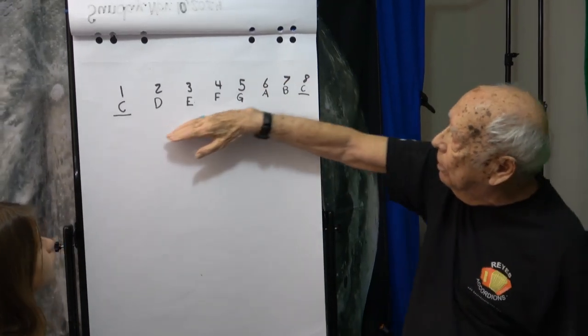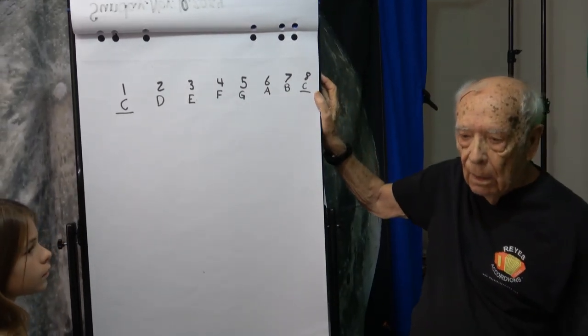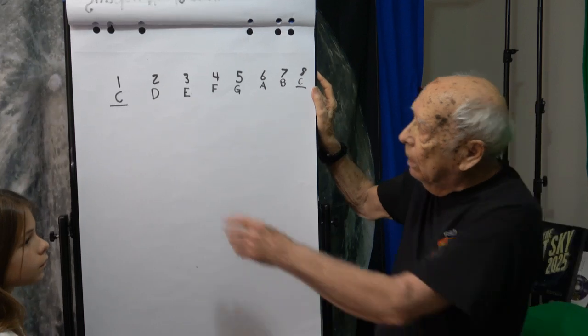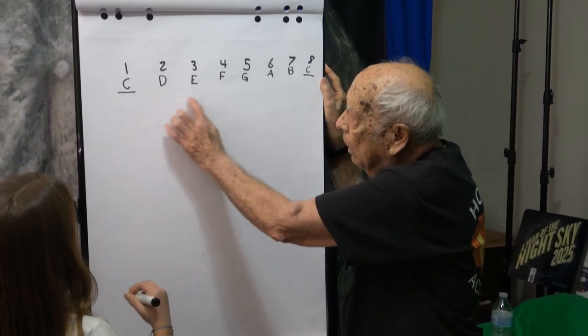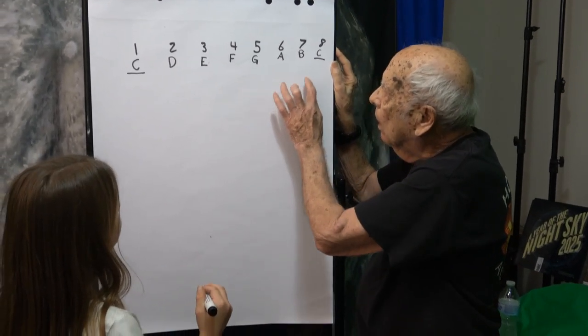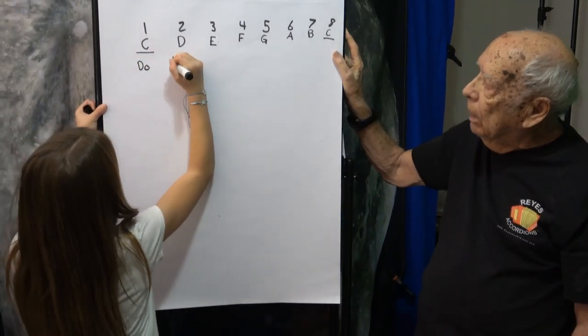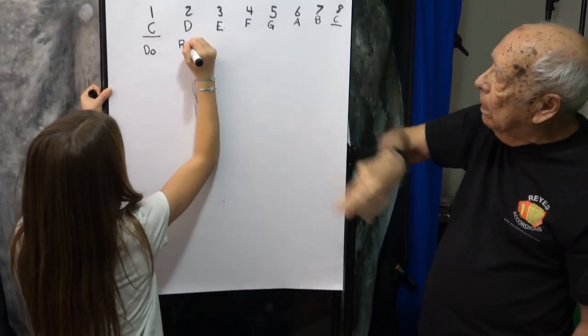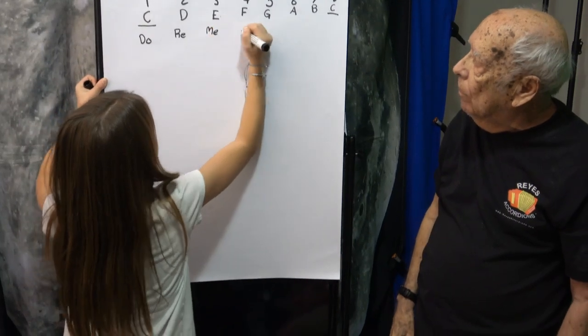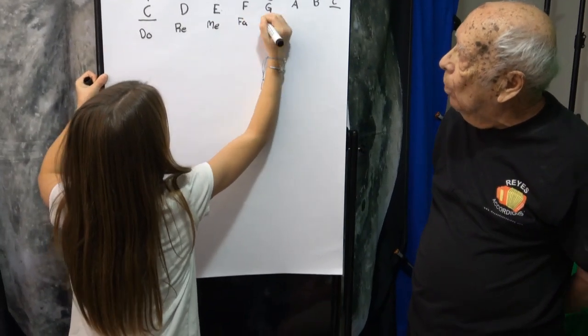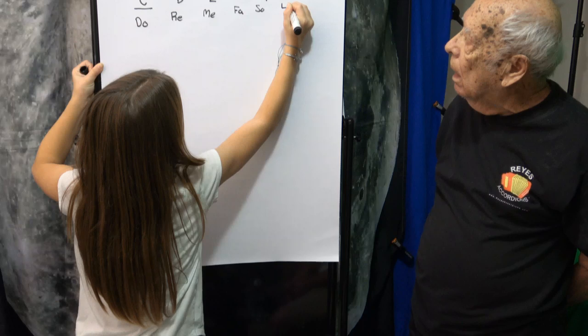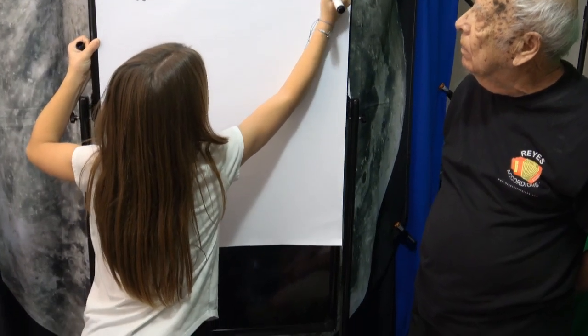And then we have songs that are written in a diatonic scale. So now write down do, re, mi, fa, sol, la, ti, do.